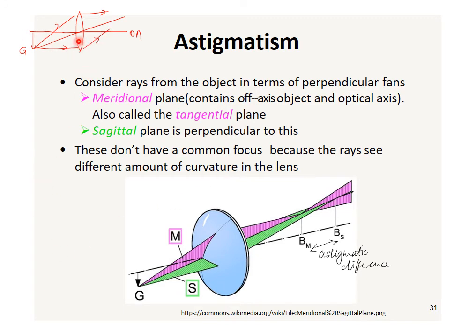Now we're dealing not with a two-dimensional but with a three-dimensional system. So not only do we have this meridional plane, you can see that the meridional rays are indicated in pink, but the lens also extends in other directions, and so any other rays that travel not along the meridional plane are called skew rays.